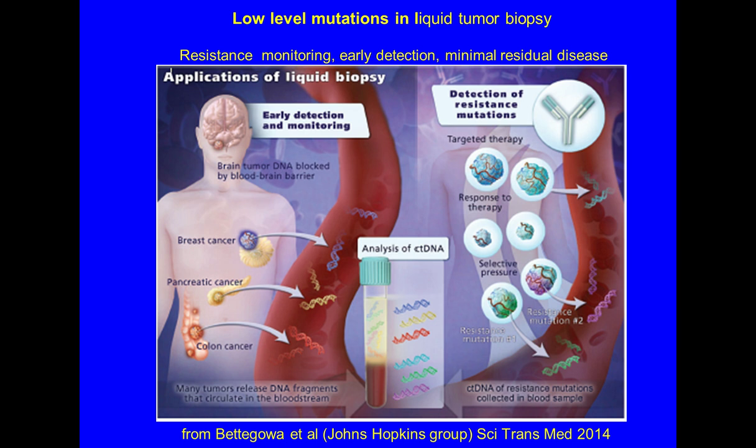And therefore, this can provide complementary information on the molecular profile of the tumor, since many different subclones may be represented in a blood draw from which one isolates circulating DNA and tumor profile.